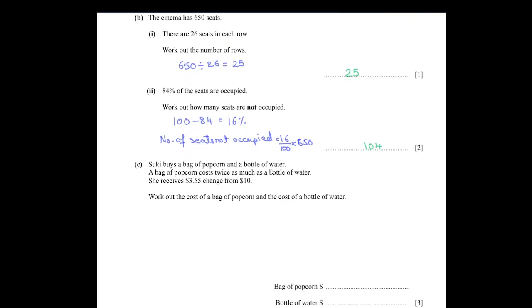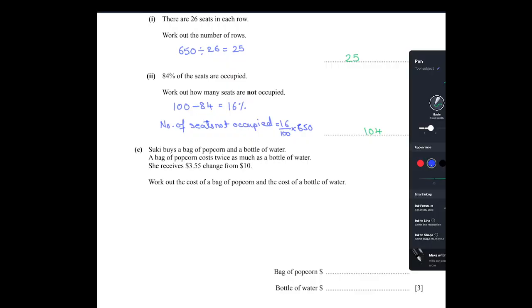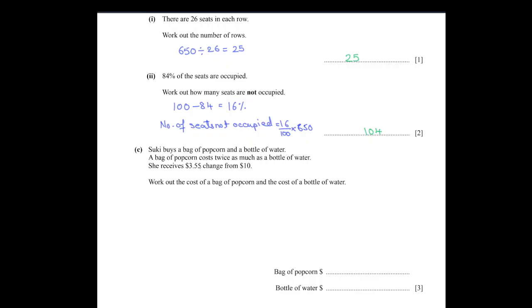Question number C. Suki buys a bag of popcorn and a bottle of water. A bag of popcorn costs twice as much as a bottle of water. She receives $3.55 change from $10.